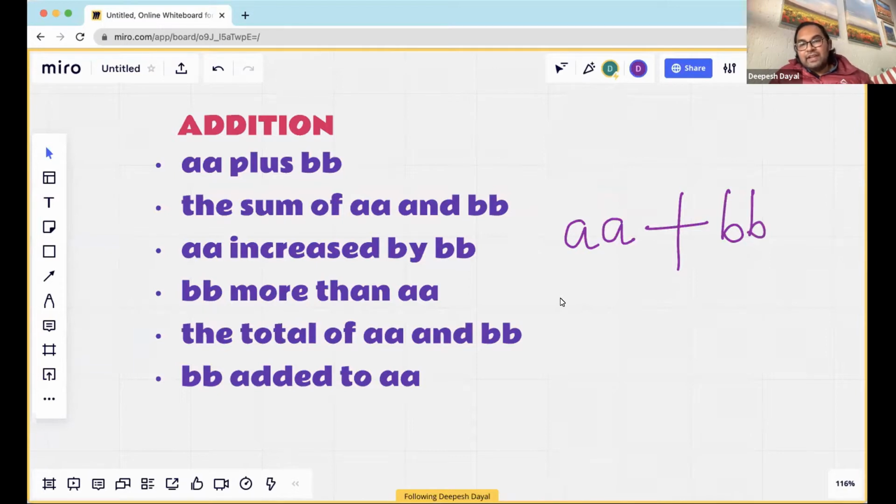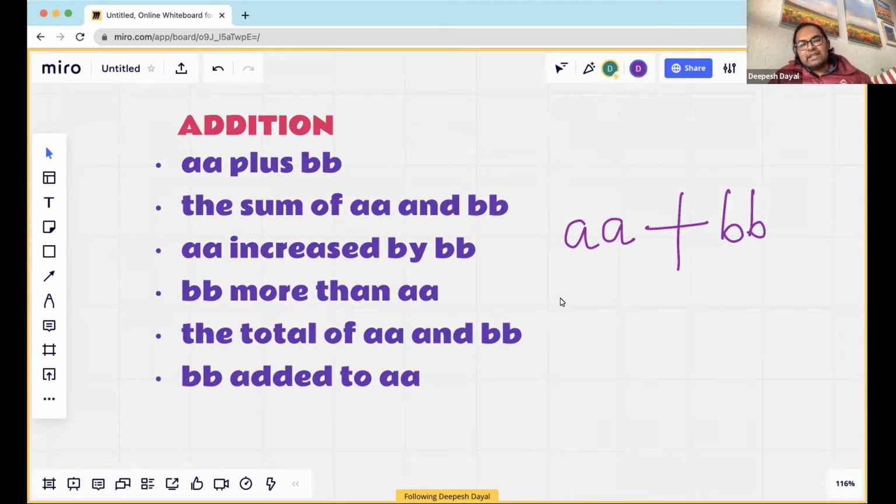Addition can then further be expressed as the following. The sum of A and B. So we say A plus B will be also the sum of A and B. We can also use the following expression for addition.